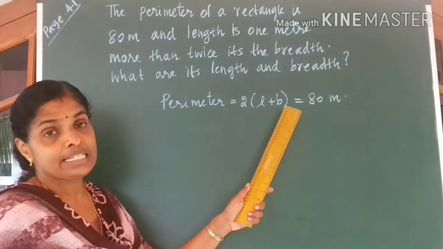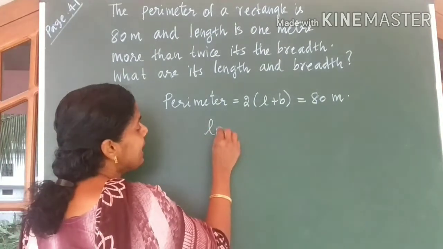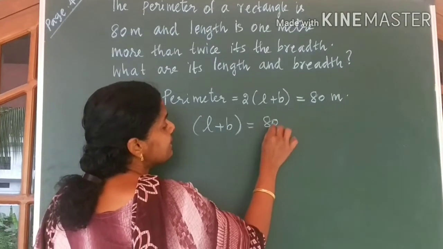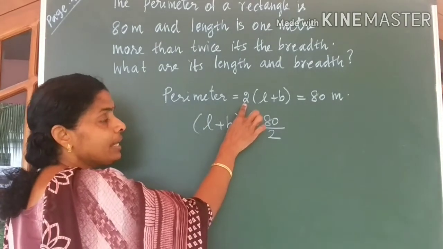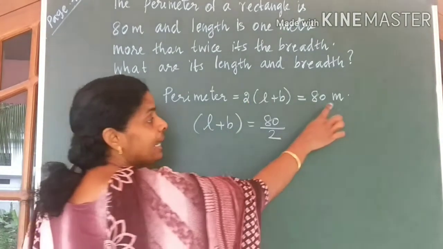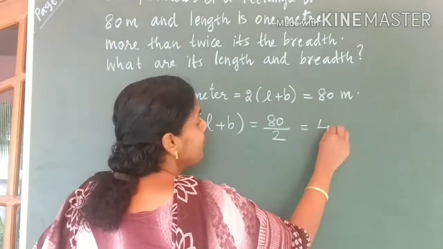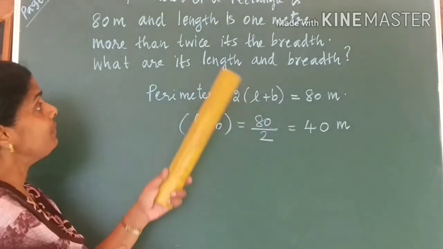Now in the next step, what you can do? We can write L plus B is equal to 80 divided by 2, because this 2 is taken to the other side of the equal to sign. You get 40. Now look at the condition given.